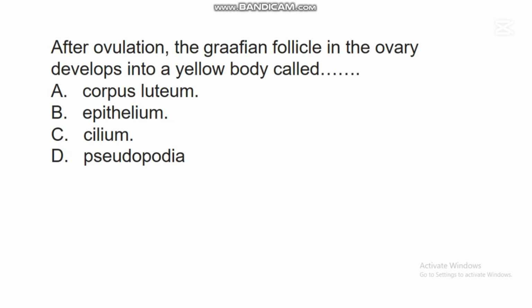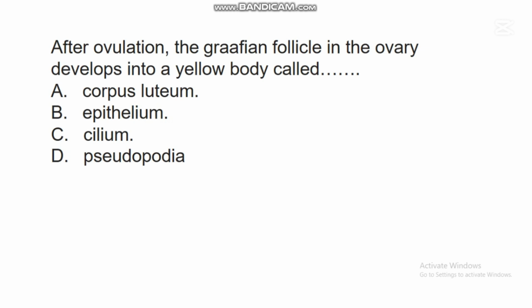The next question says, after ovulation, the Graafian follicle in the ovary develops into a yellow body called dash. A. Corpus luteum. B. Epithelium. C. Cilium. D. Pseudopodia.